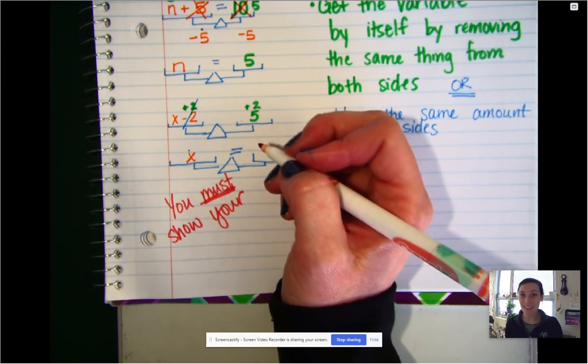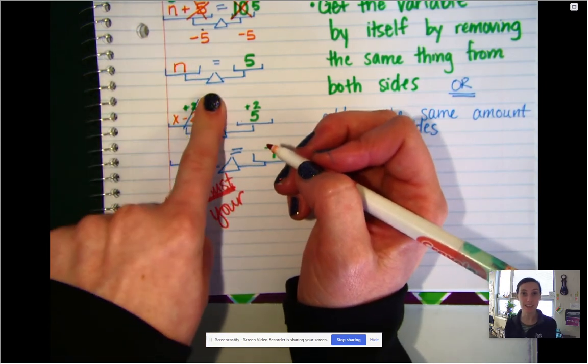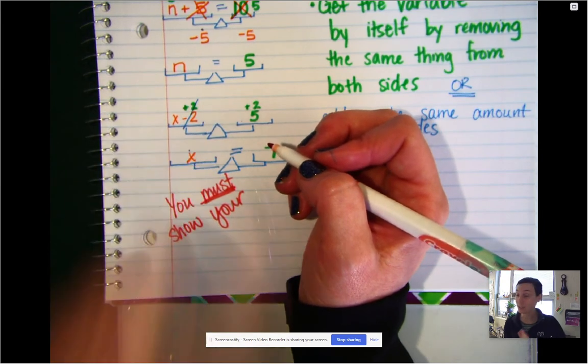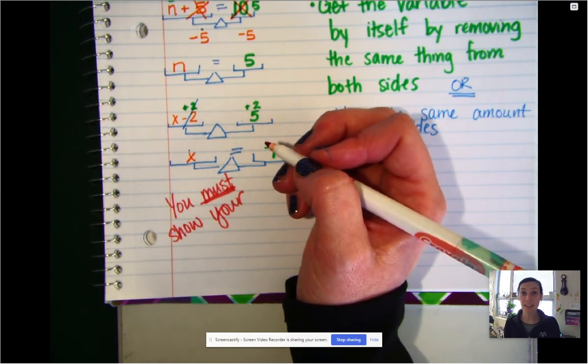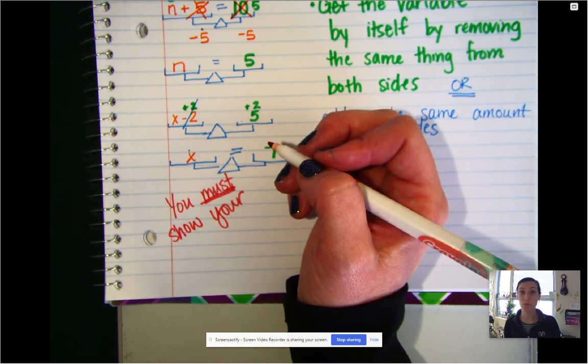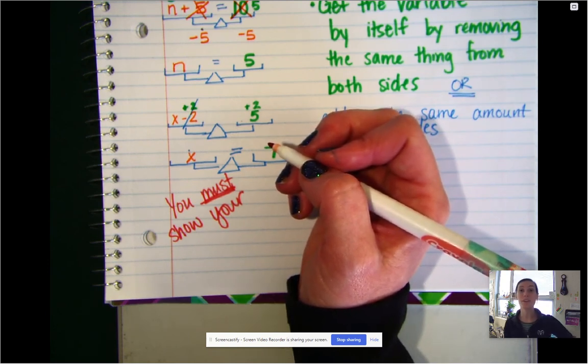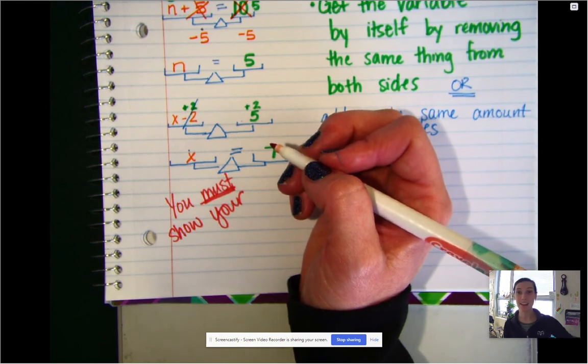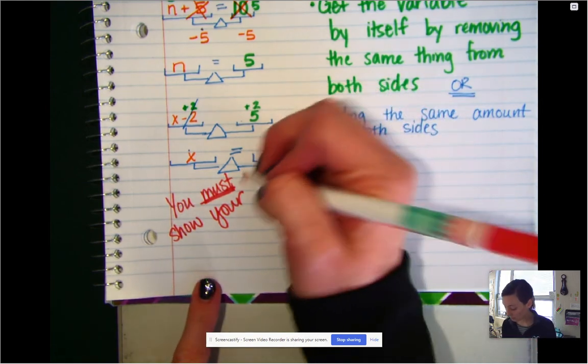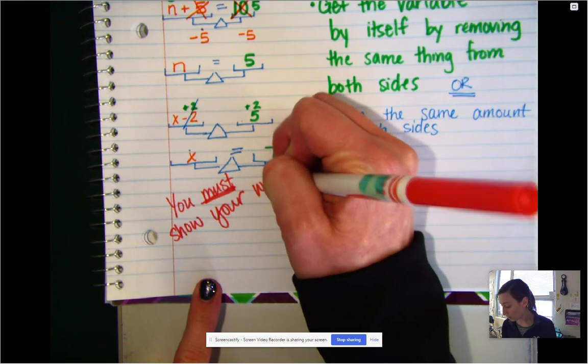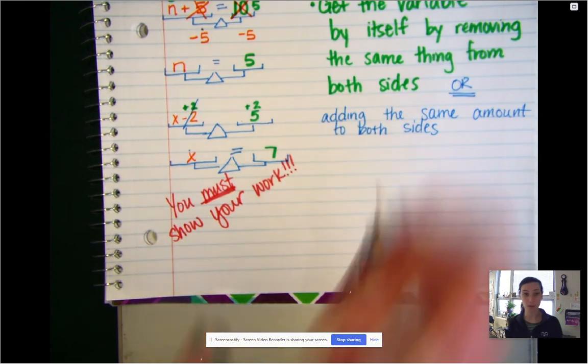I realize that you can probably do things like this, some of you in your head, and that's great. But you're building the habit of showing your work, because if you don't build it now when the math is easy, you will not be able to add that in when the math gets hard. So you must show your work even if you can do it in your head.